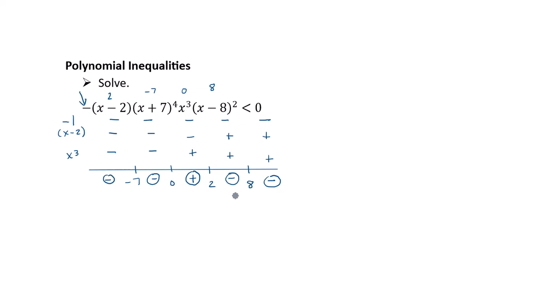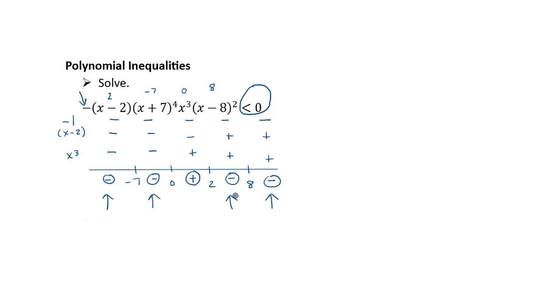What kind of intervals do I want? I want negative intervals, and I don't want to include any boundaries that would cause this to be 0. It doesn't have the equal to part. So I'm going to be picking this interval, this interval, this interval, and this interval, but none of the boundaries.